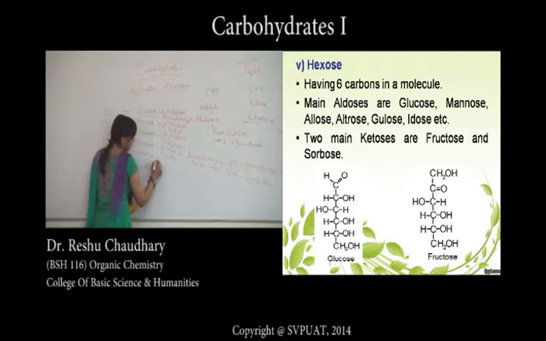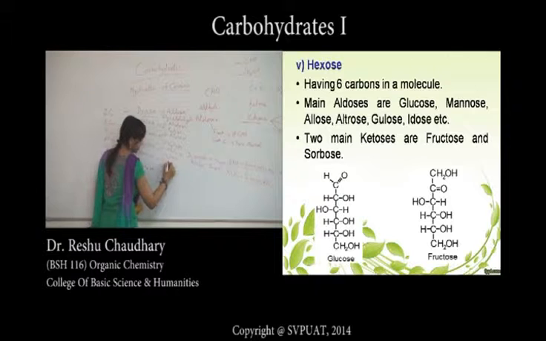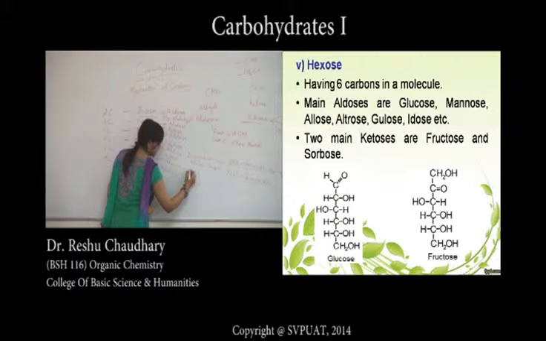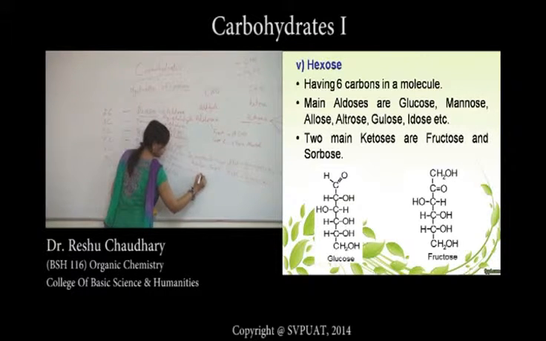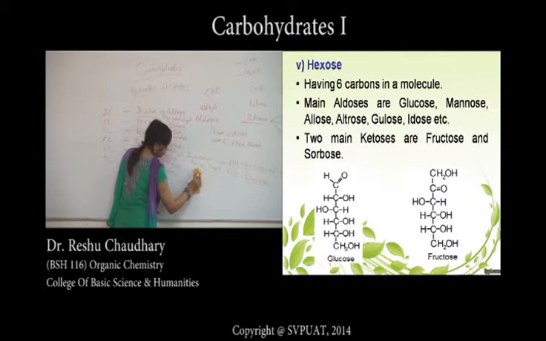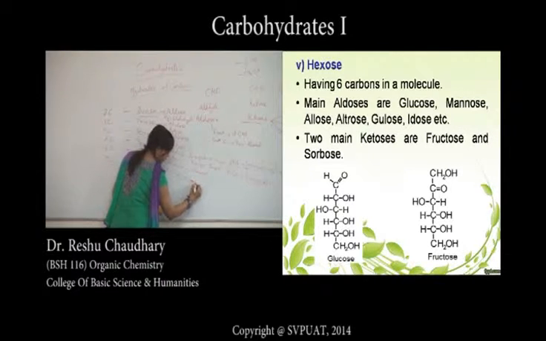And when we come to hexose, they are the common carbohydrates. Aldose and ketose. For aldose, the example is glucose, the common sugar. And the ketose is fructose.